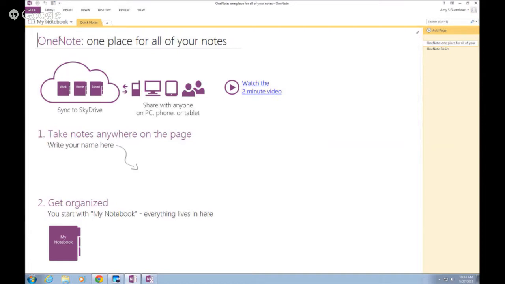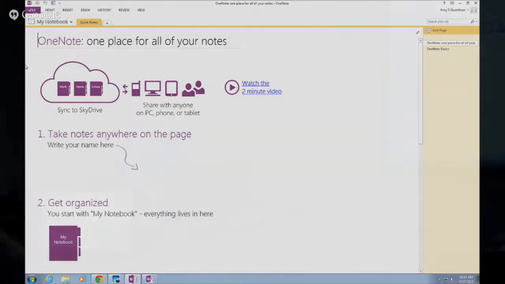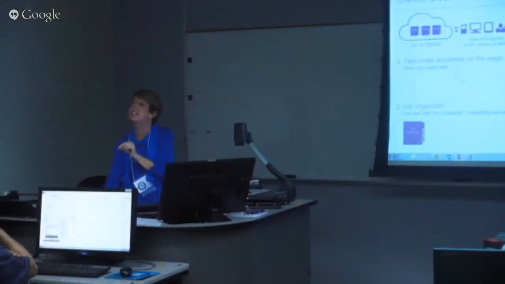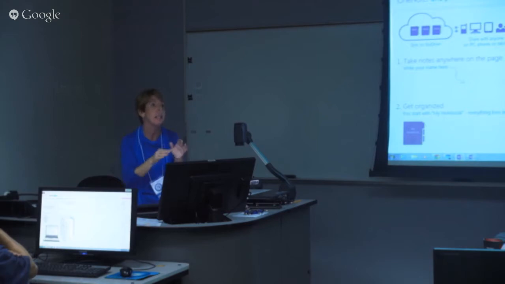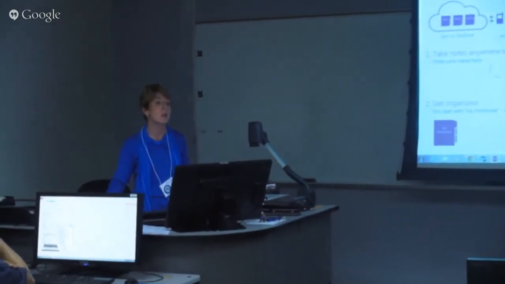So regardless of what your screen looks like, you'll be okay. We're all going to, I'm 95% confident, get to the same spot. All right, this again is just, you can go in and say, oh, what can it do? But we know that we're going to learn in here what it can do, so I'm going to bypass all of this. And we're going to create a new notebook.